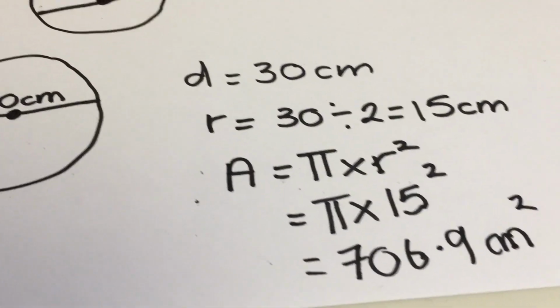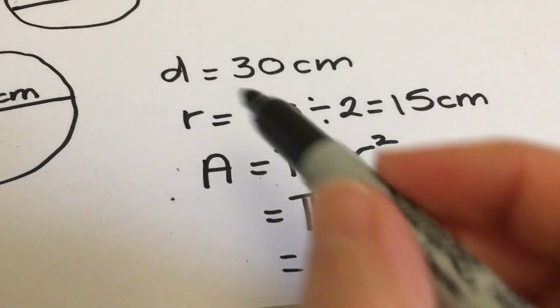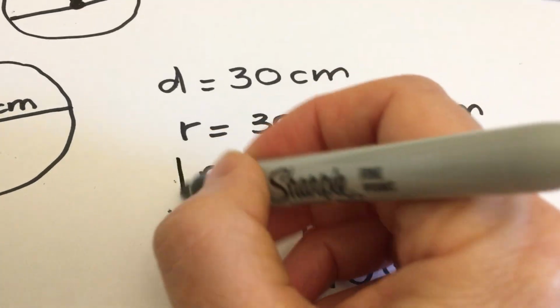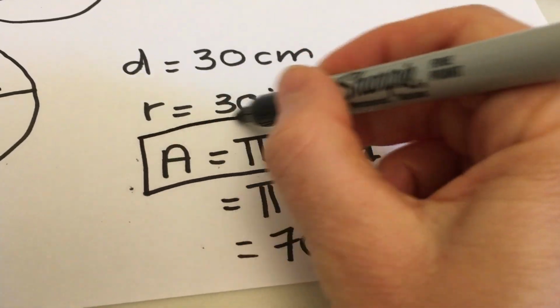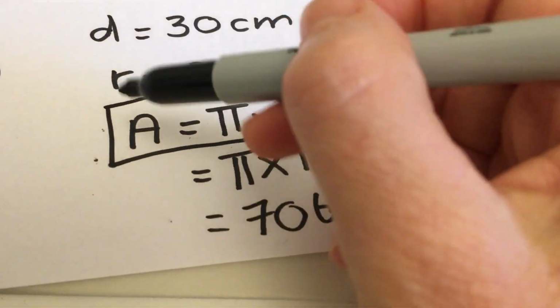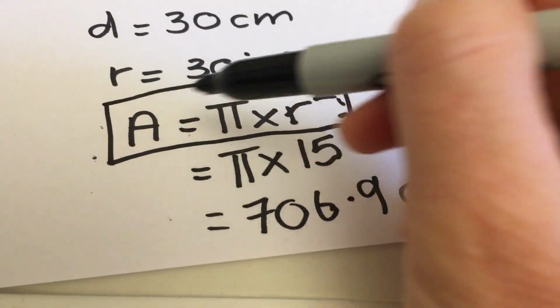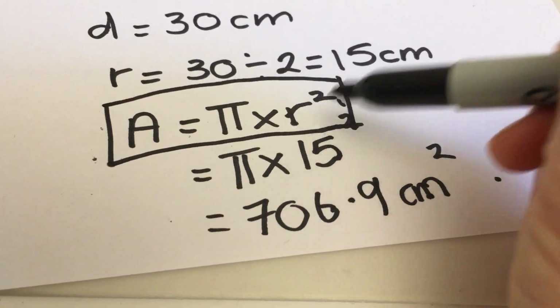So hopefully that will help you find the area of a circle. But the important part of the lesson today is that the area is pi times the radius squared.